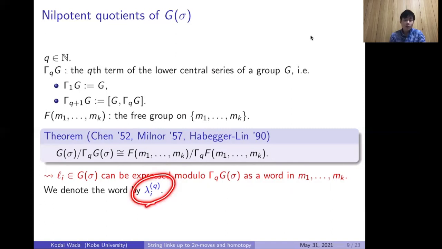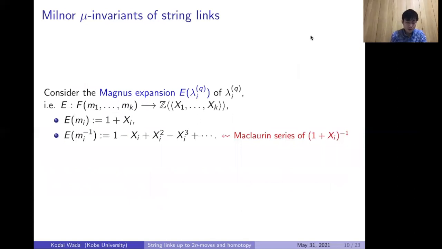To catch the information of lambda i q, we consider the Magnus expansion E of lambda i q.